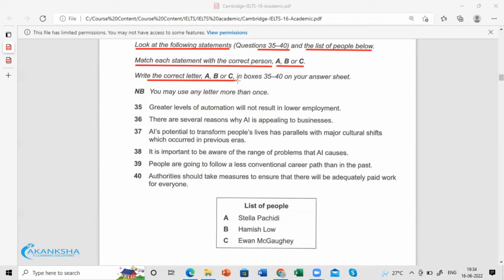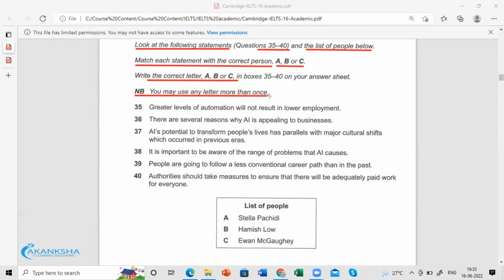Here there's one more thing that they want us to identify, this NB. NB means nota bene. It means please note, means they are trying to bring our attention to something.